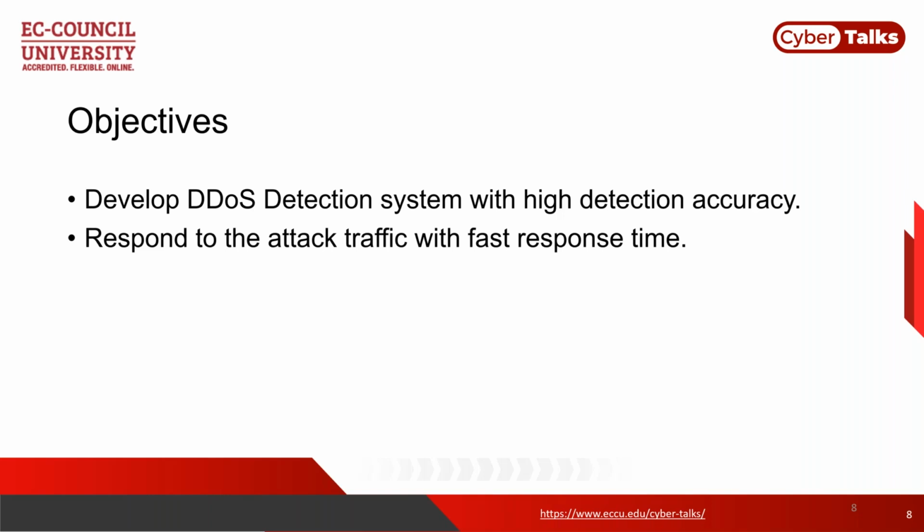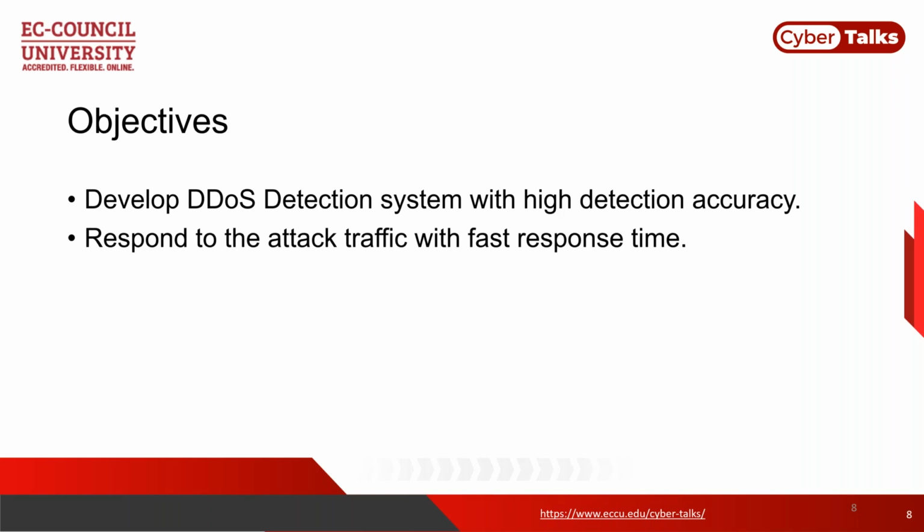We live in an information world where we get so much information, and using that information in an effective way becomes a big challenge. So how do we detect quicker with higher accuracy? That's what the objective is all about.